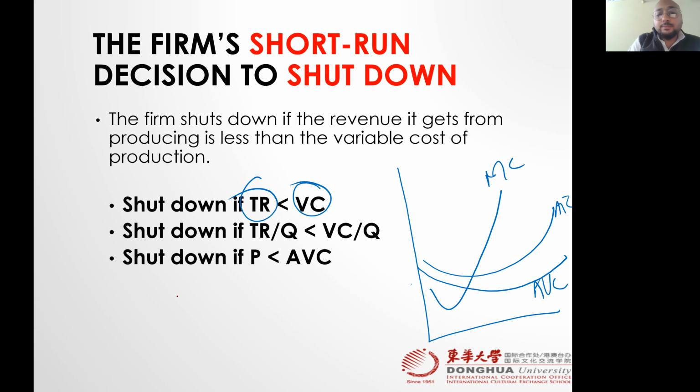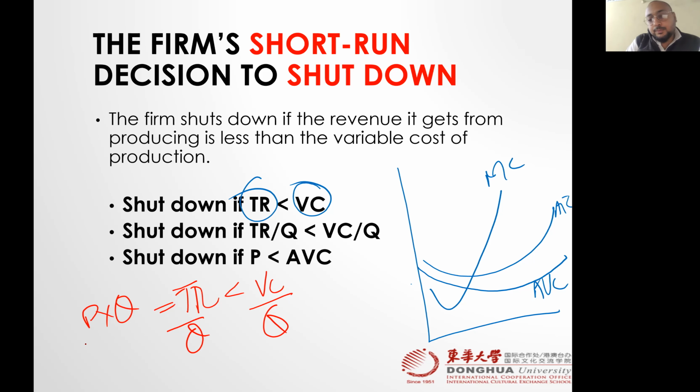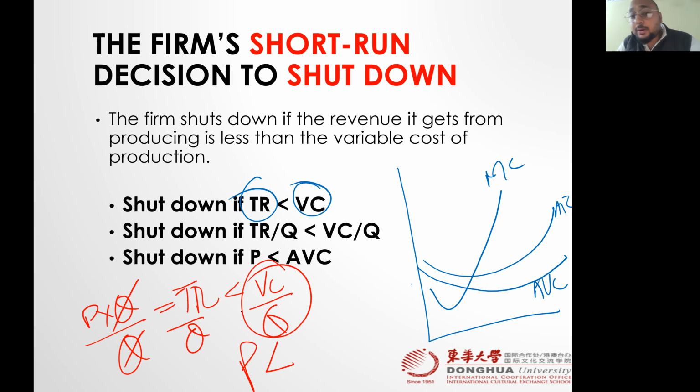If you have basic mathematical knowledge, you can reduce this inequality by dividing by Q. Total revenue is equal to price times Q, the Q cancels, and price is less than total variable cost divided by quantity, which is average variable cost.